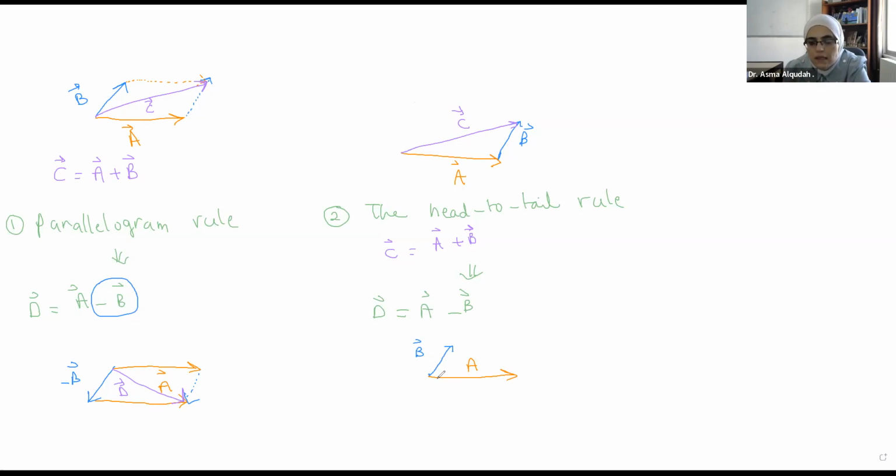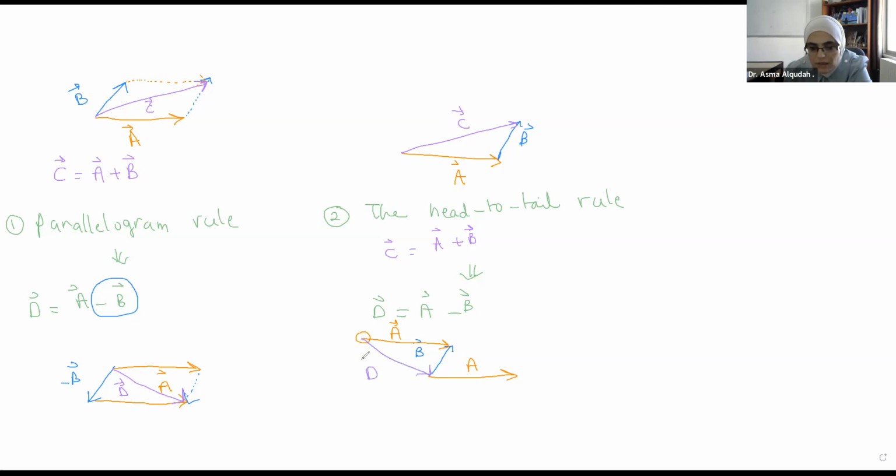Now what we do here is make it head, tail, tail, head. So we bring vector A, the orange one, and put it here. I haven't changed anything with A. It's the same direction, the same length, so I can put A wherever I want. So now I put A here, and it's A minus B. So I start at the head of A and then move to the head of B. This is how we make the subtraction, like this.